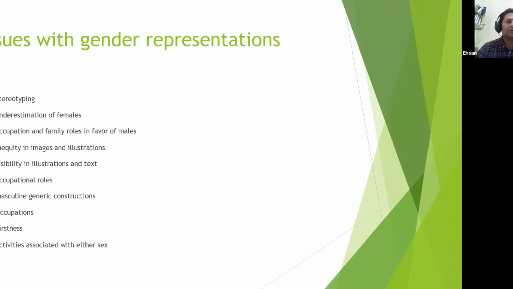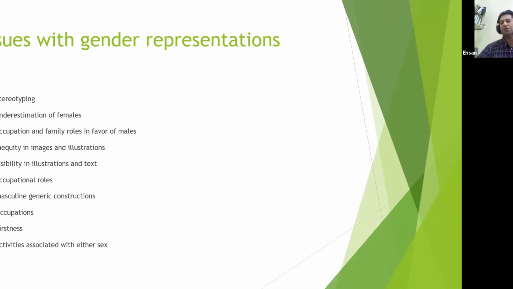When we talk about culture, one of the key aspects, which has been neglected in my idea, are the gender representations in EFL materials.